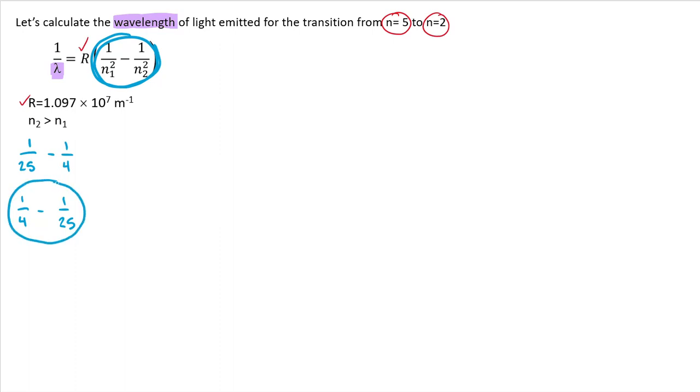1/4 minus 1/25 is the only way that you can get a positive value. So 1 over the wavelength equals the Rydberg constant times 1/4, 1 over 2 squared, minus 1/25, 1 over 5 squared.